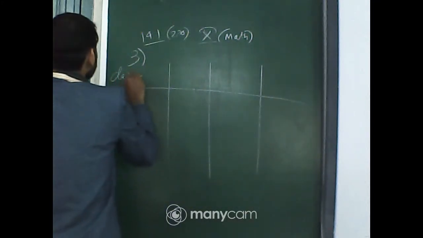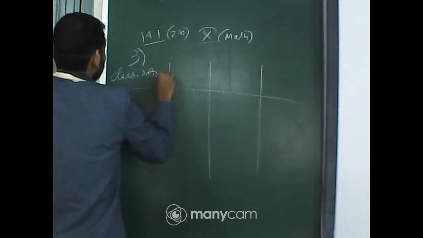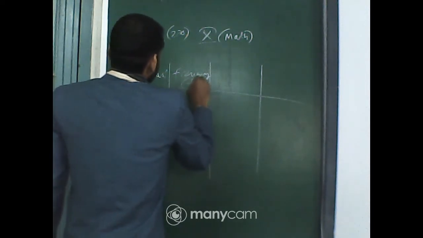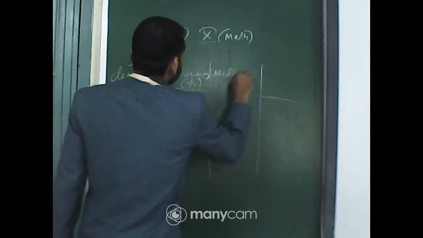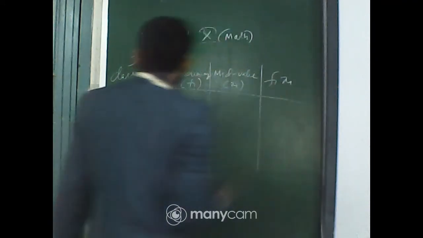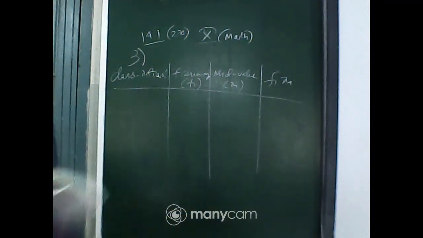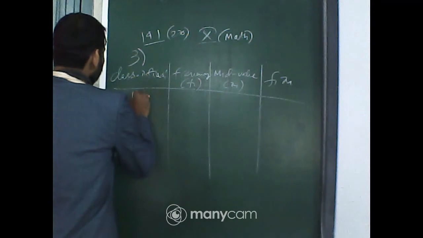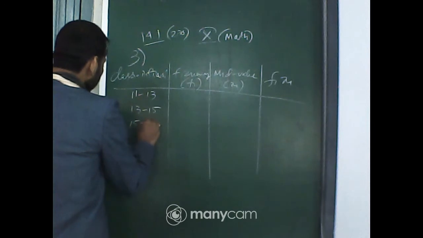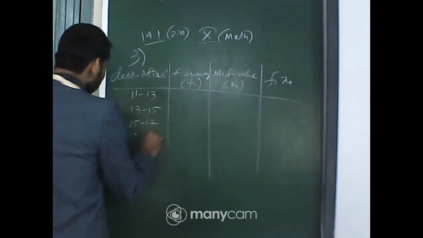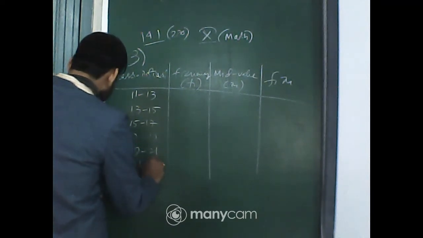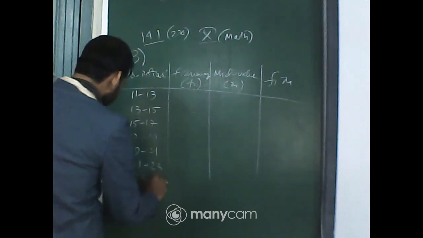Class interval, then frequency, then the mid value, then fixi. 11 to 13, 13 to 15, 15 to 17, 17 to 19, 19 to 21, 21 to 23, 23 to 25.